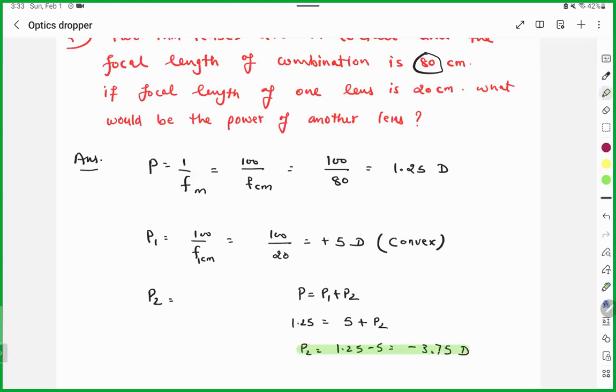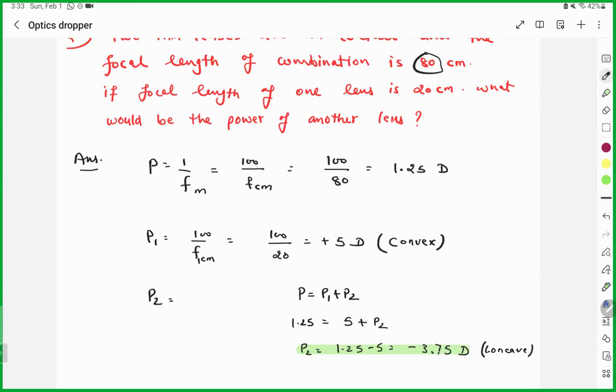First is convex, second is concave. That's why the negative value. Done. So I sent my answer.